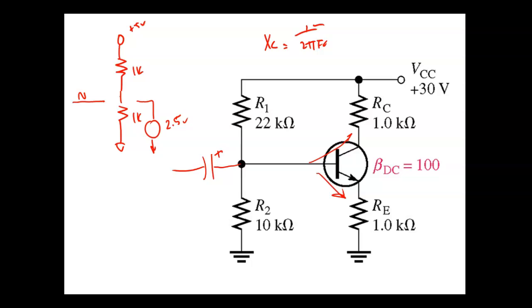Now the problem is, this thing is sitting here, this is sitting at 8.7 volts. If the temperature goes up, is the beta going to change?